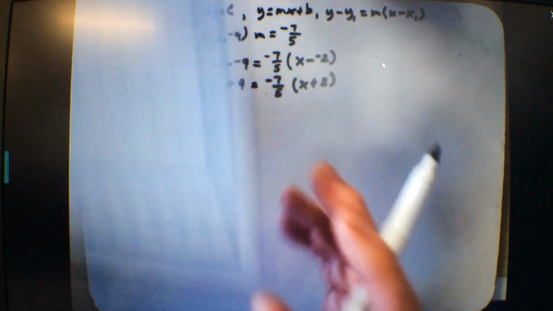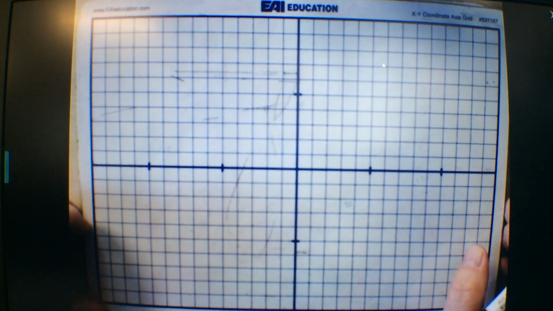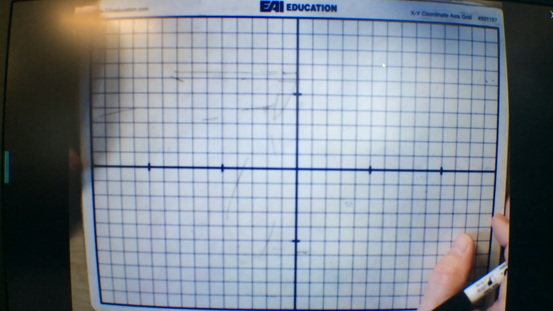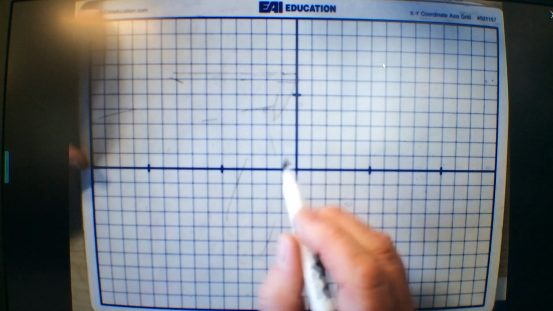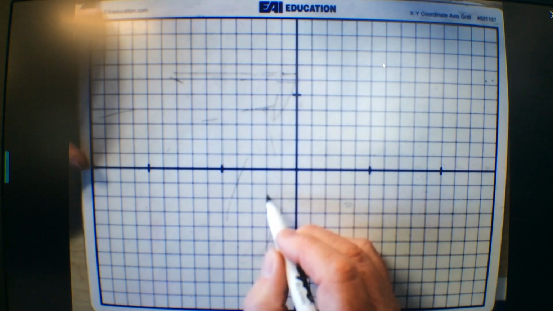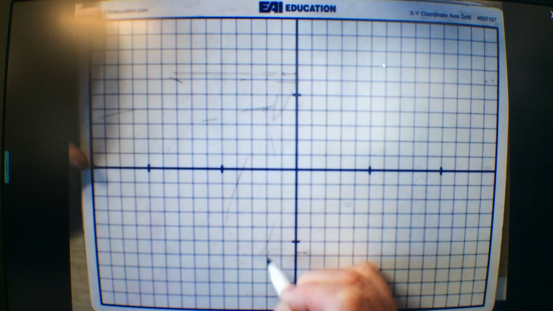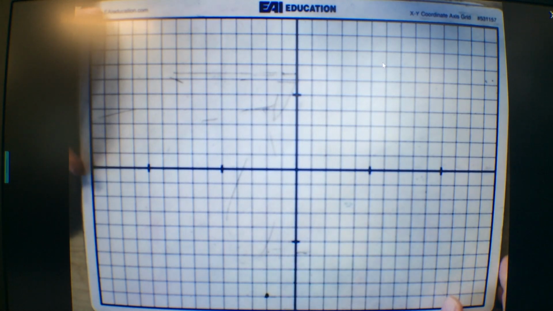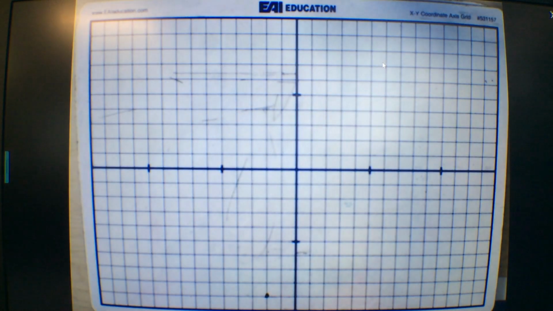Okay. All right, now, in order to graph that, I graph (-2, -9), right? I'm clear down here, aren't I? Not sure why the author does that, but my slope is -7/5. Can I go down anymore?